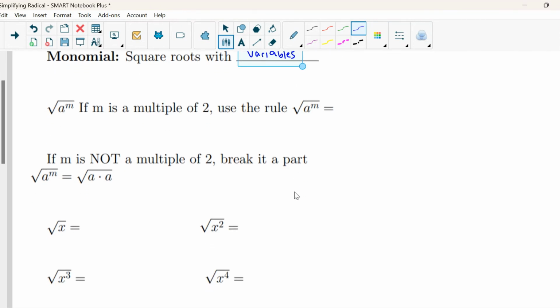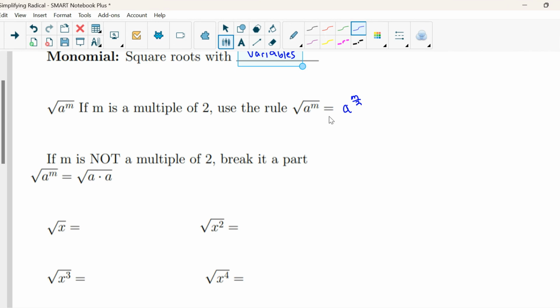So the square root of a to the m power. If m is a multiple of 2, because remember, the index on our square root is 2, then use the rule that the square root of a to the m would be the same as saying a to the m divided by 2. So you're going to take your exponent and divide it by your index. If m is not a multiple of 2, break it apart.